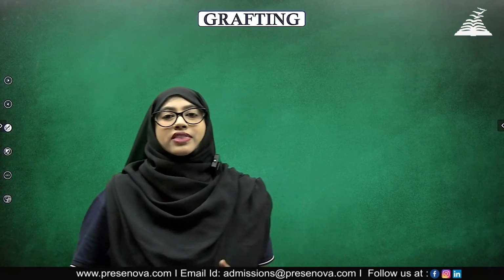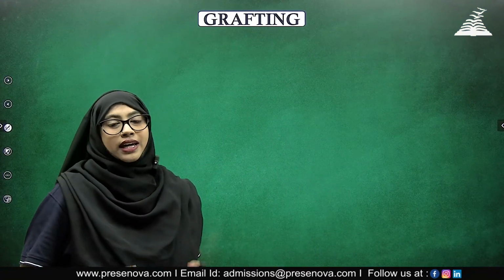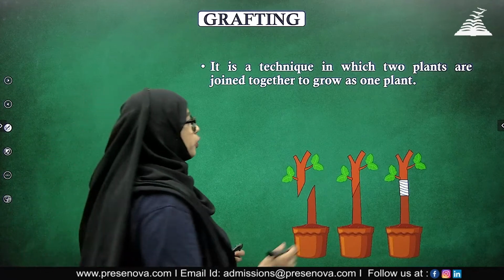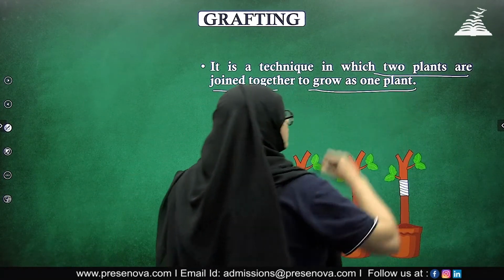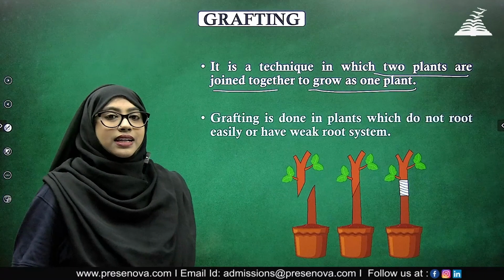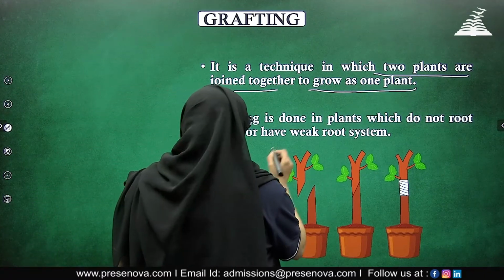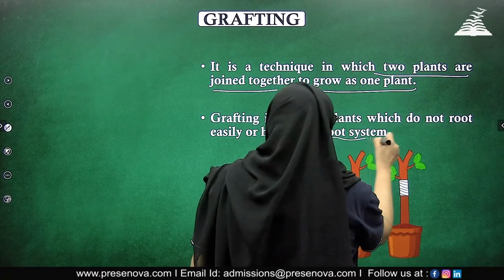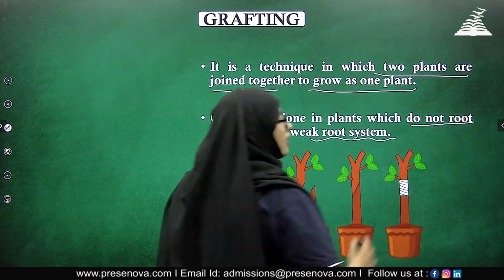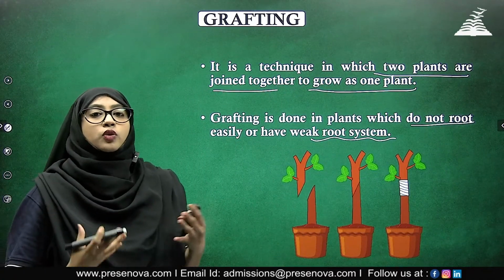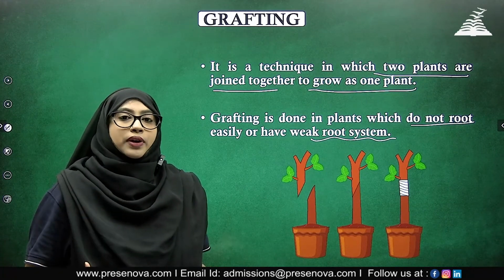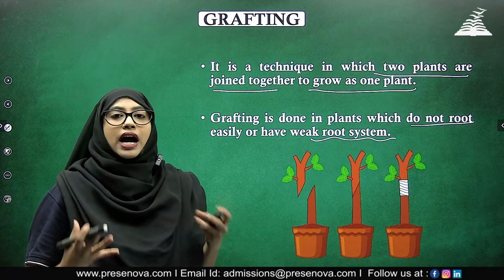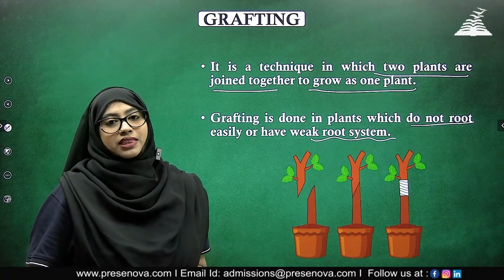Grafting is the next method of artificial propagation. Here there is a requirement of two plants which are joined together and grown as one plant. The plants which have a weak root system and do not have the ability to form roots easily are propagated artificially by the grafting method.